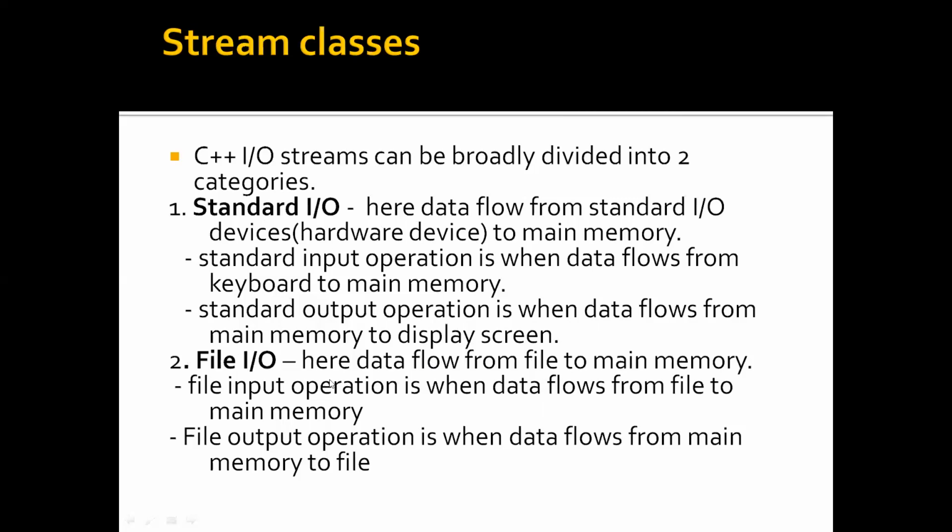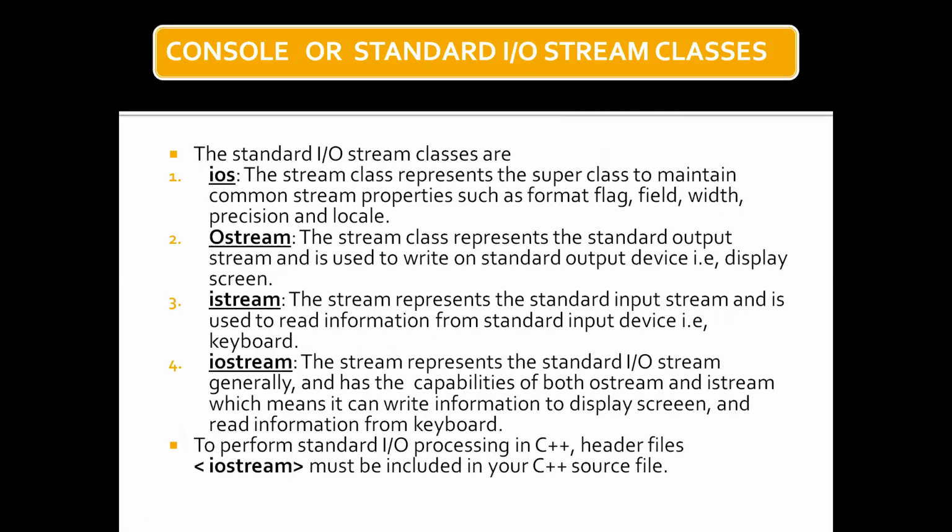The file input operation is when data flows from the file to the main memory, and the output operation is from main memory to the file. So these are the two different types of streams we have in C++ IO streams, that is standard IO and file IO.